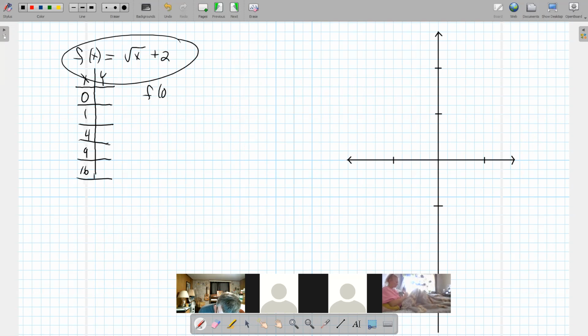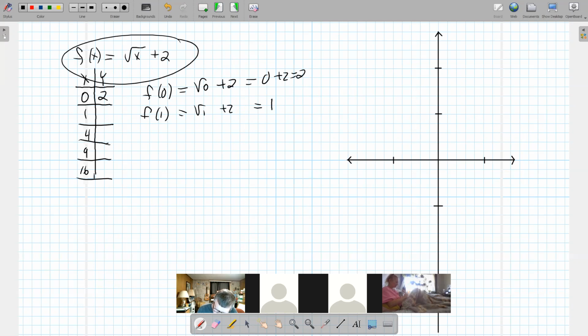So f of 0 is the square root of 0 plus 2, which is 0 plus 2, which is 2. f of 1 is the square root of 1 plus 2.